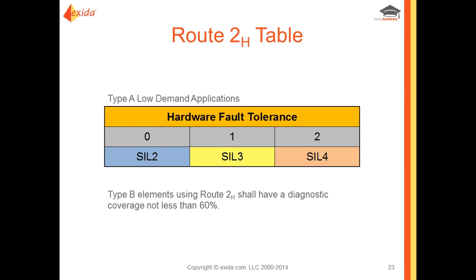Typically, a final element would have a safe failure fraction greater than 60%, which would meet the architectural constraints of SIL 2. But now, the 2010 version of 61508 does not allow you to include the no-effect failures with the safe failures anymore.